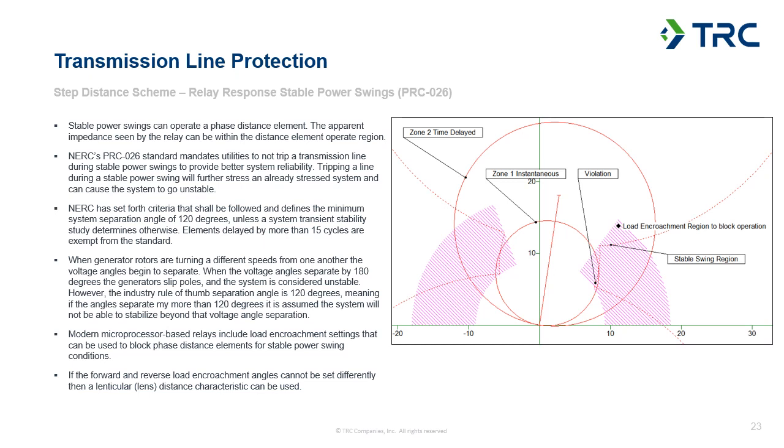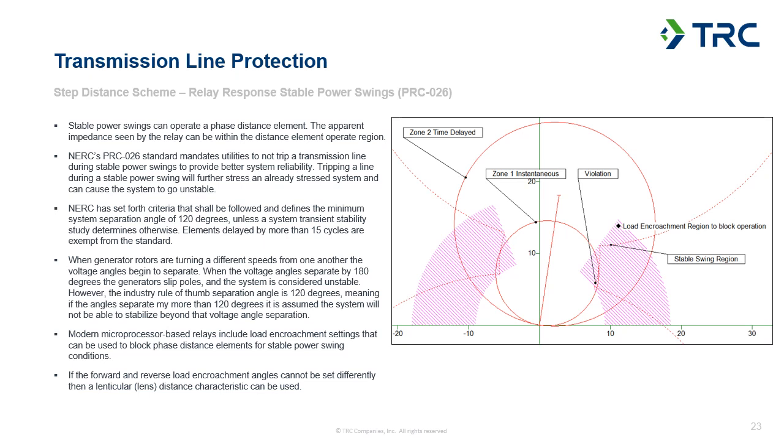And they provide some guidance on what those conditions should look like, what the region should look like. Very similar to what they did for loadability requirements. They're giving criteria of how they expect your relays to respond for certain conditions. And what NERC has provided for criteria is based on a system separation angle, which is the criteria they're using to decide between what is considered a stable power swing and an unstable power swing.